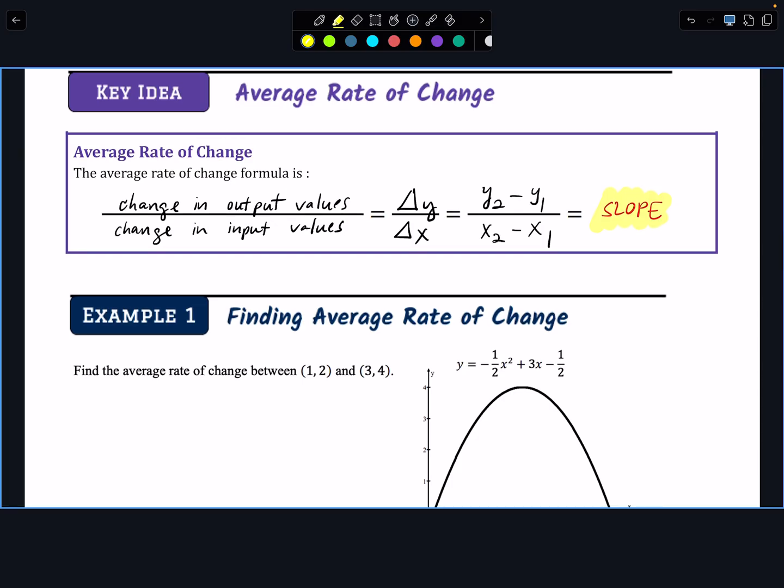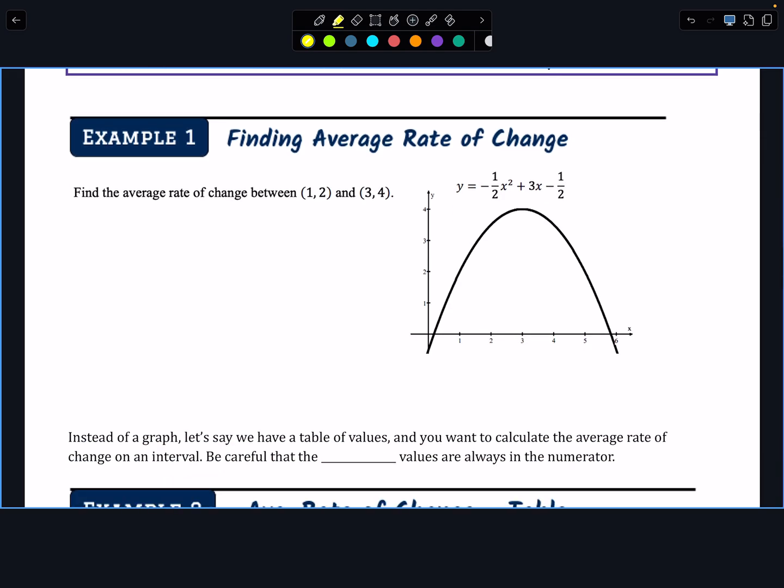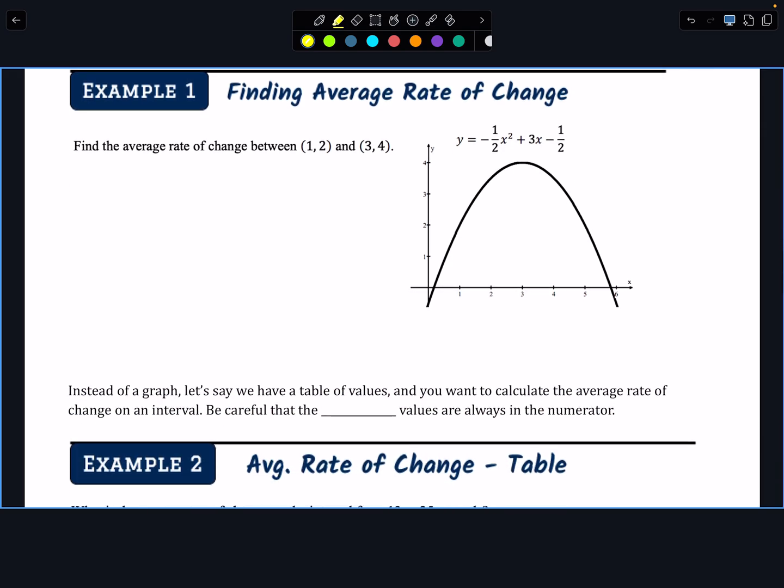So the first example we're going to do, you have this graph, and then there's a little blurb underneath it. Go ahead and tape everything in together. This one's actually really nice because it gives you 2 points.